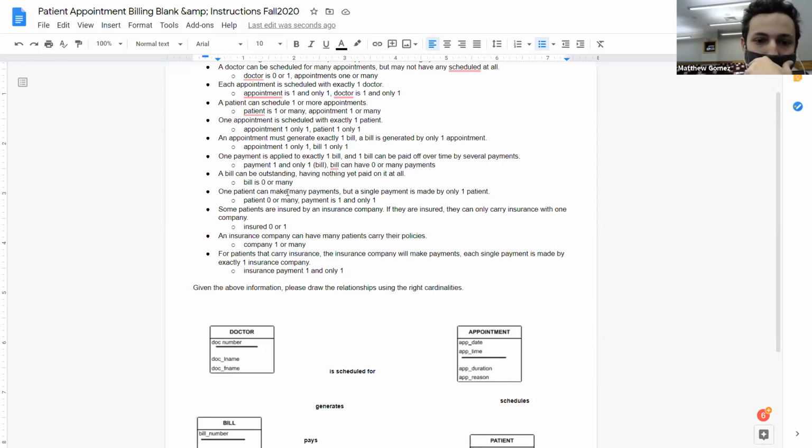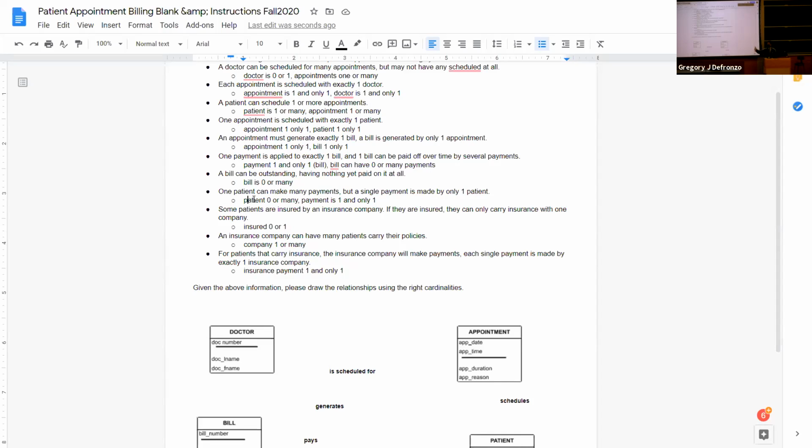A patient can make many payments, but a single payment is made by only one patient. Right, and the reason why, and again, it's kind of like a puzzle, it's a logic rule, you want to make sure that you have uniqueness so that when a patient does submit payment, it has a unique invoice number so that it goes against that patient's record.